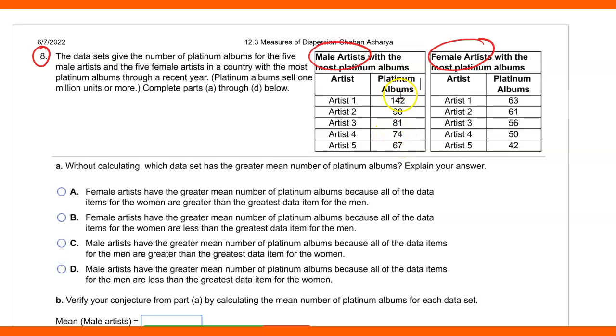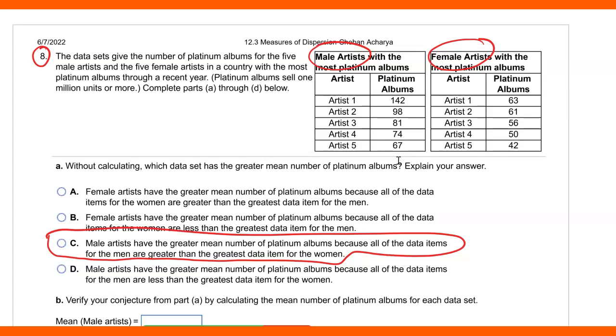Every number here is bigger than over here. Therefore, obviously, male artists have the greater mean. What's the answer? The answer is C. Read the question properly. Male artists have the greater mean number of platinum albums because all of the data items for the men are greater than the greatest data item for the women.